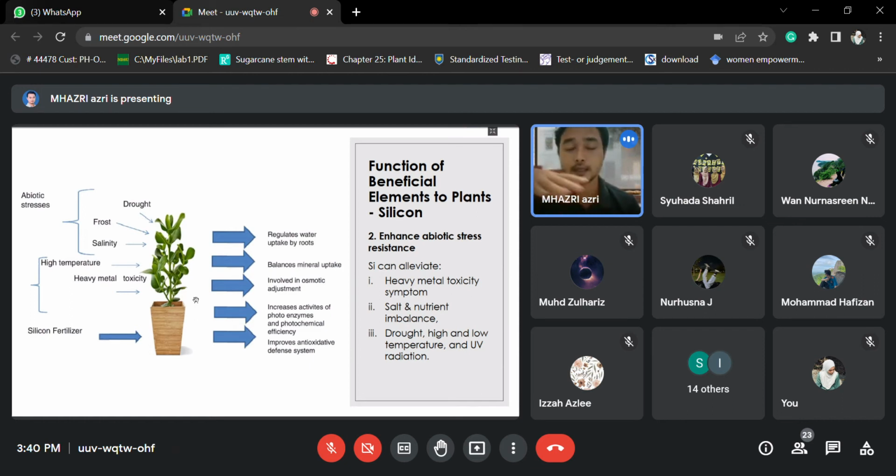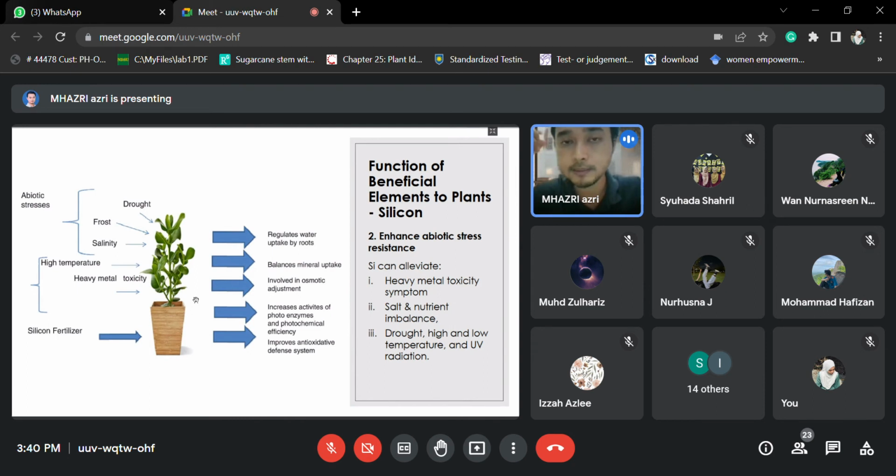Okay, dia akan hasilkan layer tu selain daripada dia protect from pathogenic fungal attack ataupun dia prevents daripada tanah yang berasid, dia juga protect plant daripada drought ataupun suhu yang terlampau tinggi ataupun UV radiations.